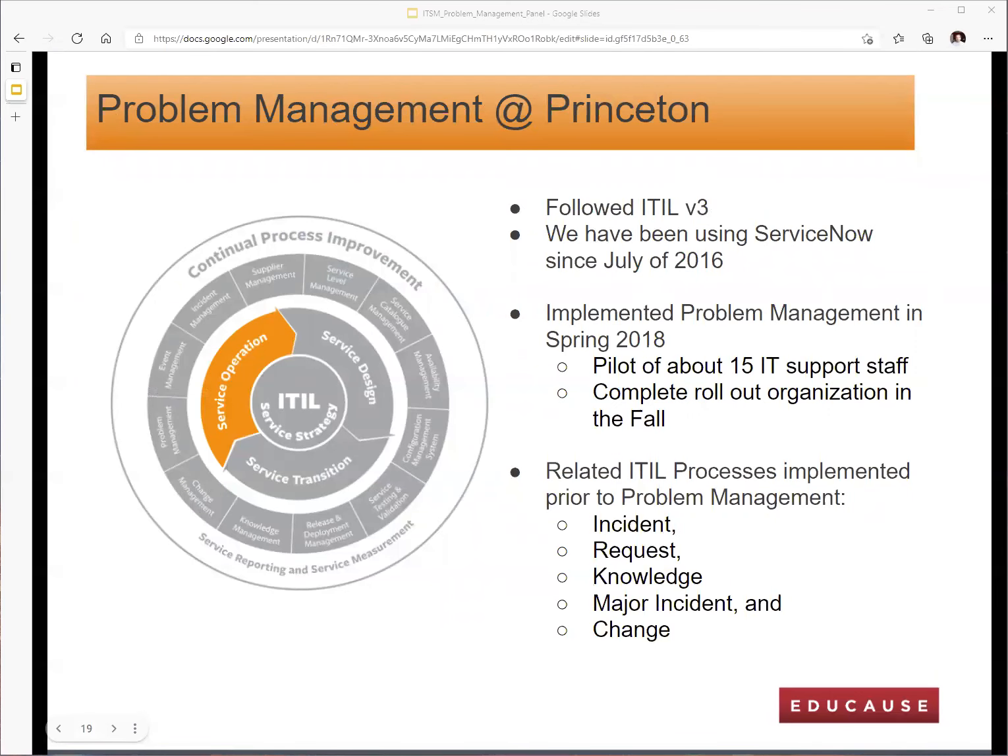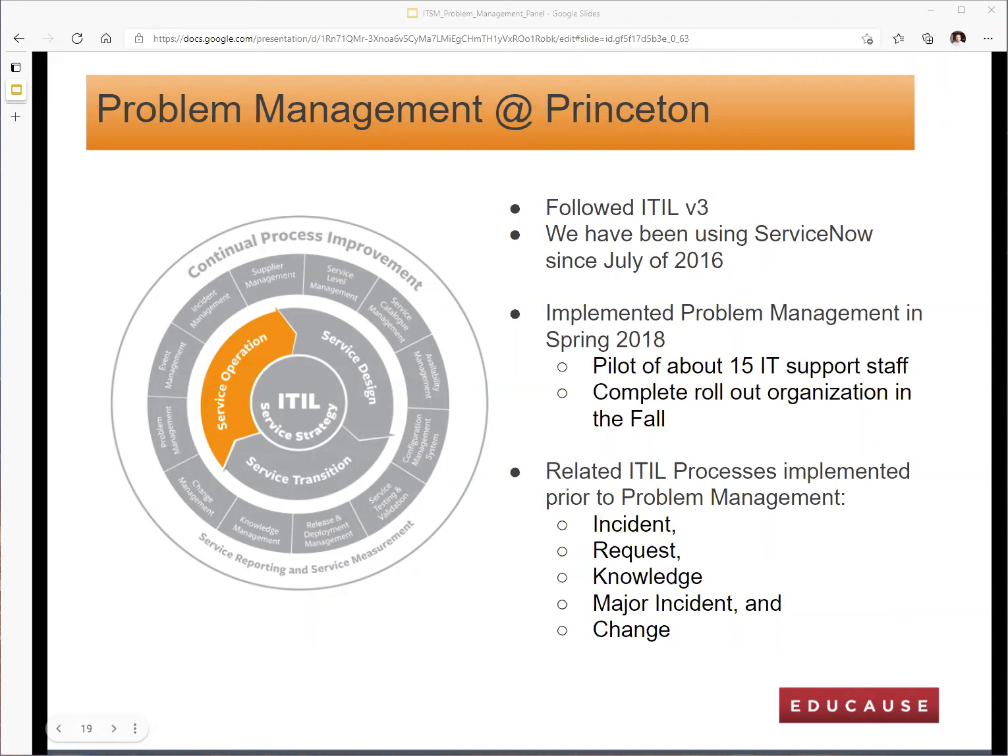So, problem management at Princeton. When we started using ServiceNow in 2016, we were following ITIL v3. We implemented problem management in about the spring of 2018, and when we implemented it, we already had incident, request, knowledge, major incident, and change out there.